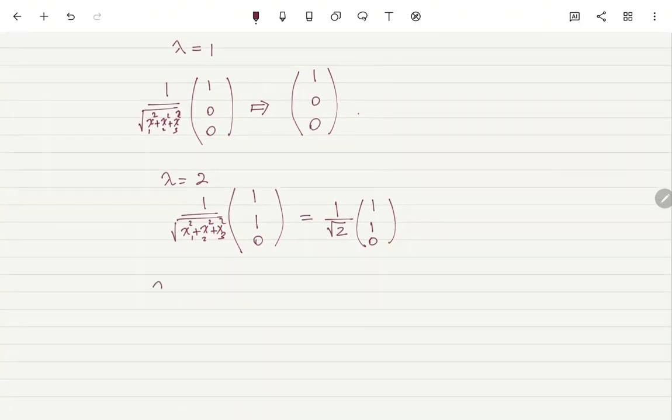For lambda equal to 3, the eigenvector is 3, 2, 2. To find the normalized eigenvector, we multiply this with 1 over square root of 3 squared, which is 9, 2 squared, which is 4, and 2 squared, which is 4. So the normalized eigenvector corresponding to lambda equal to 3 is 1 over square root of 17 times 3, 2, 2.